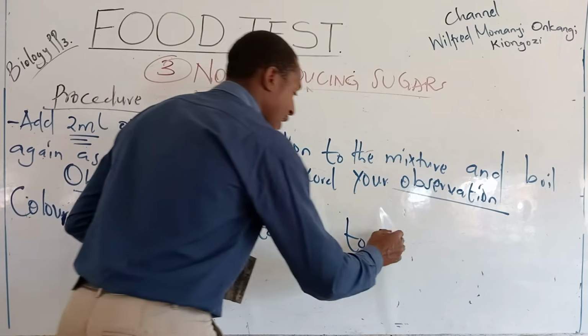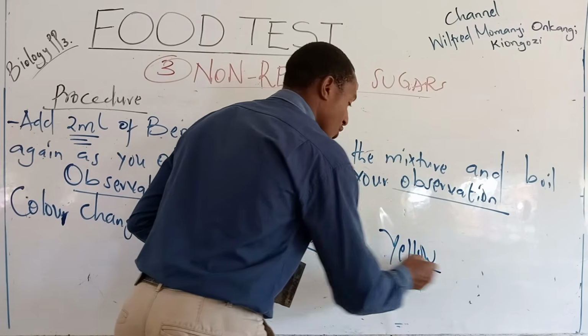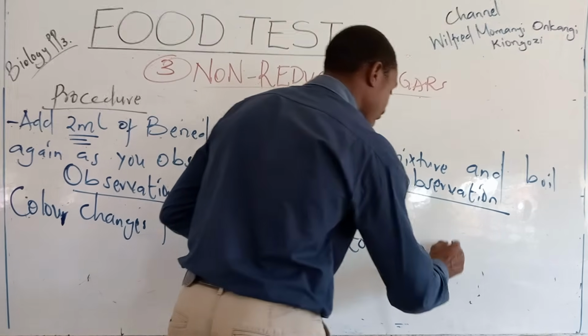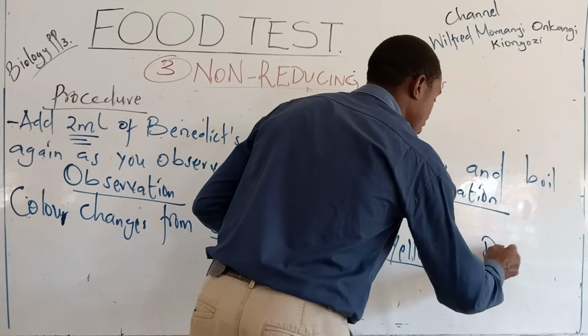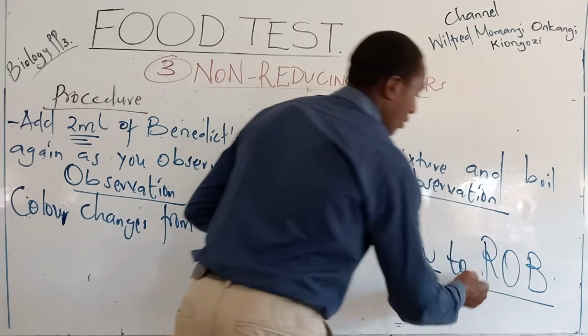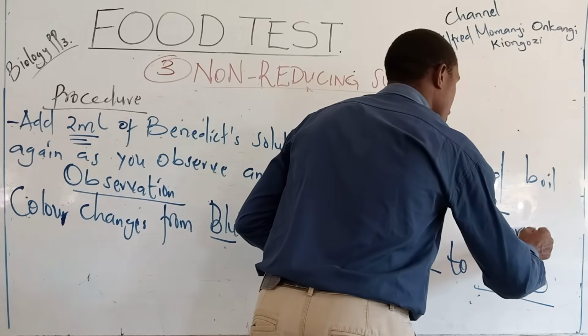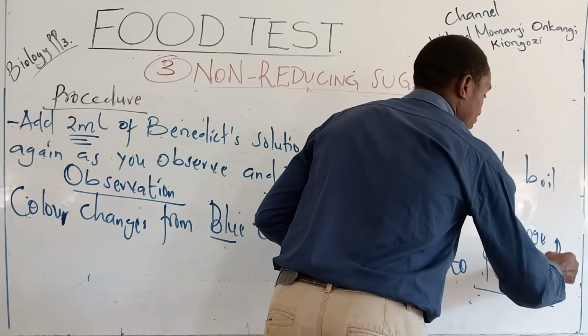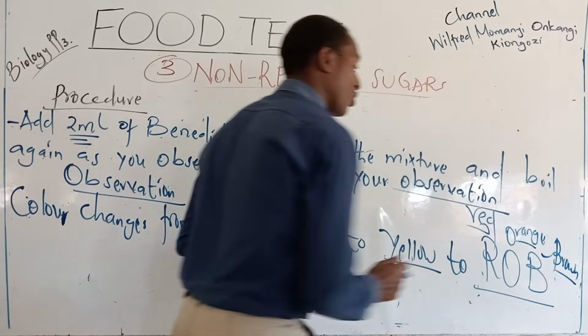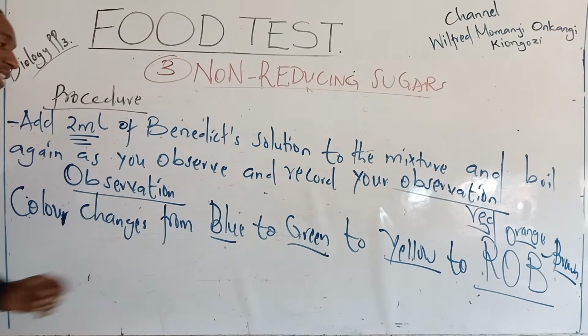to yellow to either or any of the 3 colors I told you, R, O, B. It could be red, orange, or even brown. But again, you just write the one that you will find there.